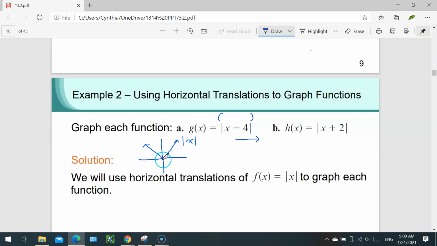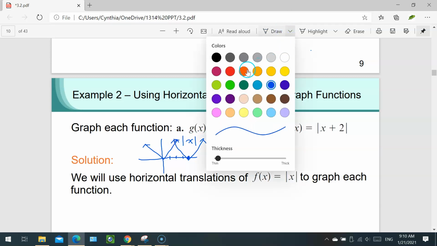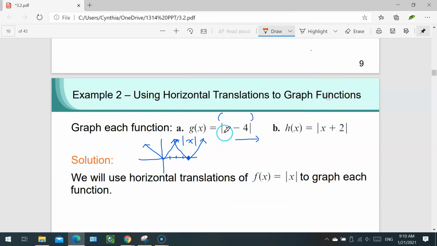So we have to change the vertex point. Shift this graph toward the right-hand side. 1, 2, 3, 4. So this would be the new vertex point. This graph will shift to the right 4 units. Let me change the color so that you can see. Okay. So this would be the absolute value of x minus 4.